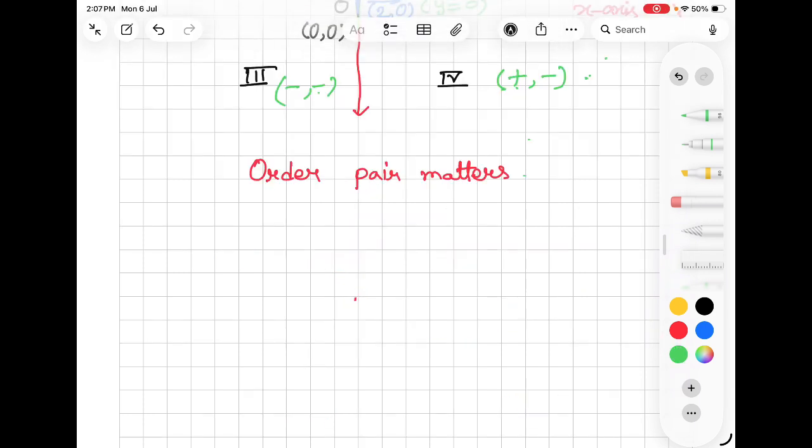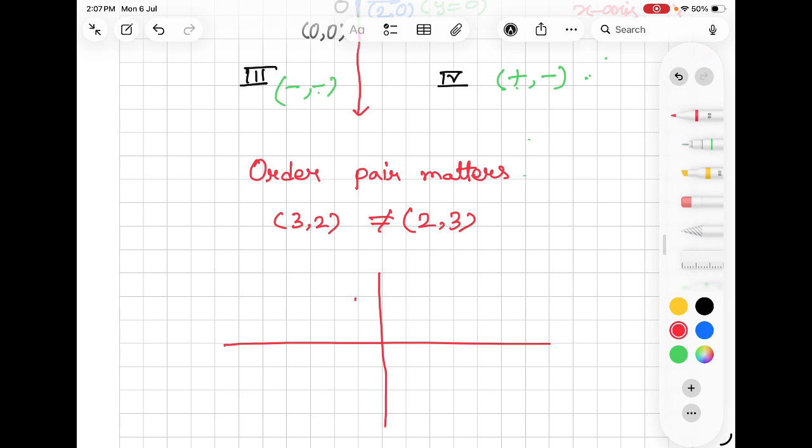Ordered pair matters. (3, 2) is not equal to (2, 3). X-axis, y-axis. Okay, let's plot this point (3, 2), that means 3 is the x coordinate and 2 is the y coordinate.